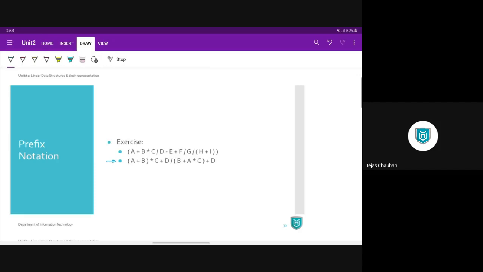Now for your help, let me write down: the power operator has the highest precedence, compared to multiplication, division, and modulo, which are higher than plus and minus. The associativity is left to right, but for power it will be right to left. So keep this in mind and try to solve the given two exercises. Come up with the prefix notation for this one.